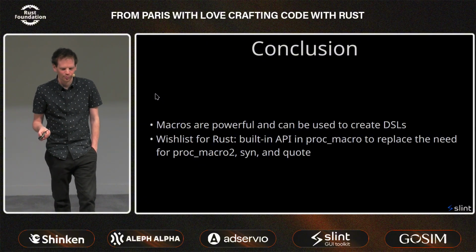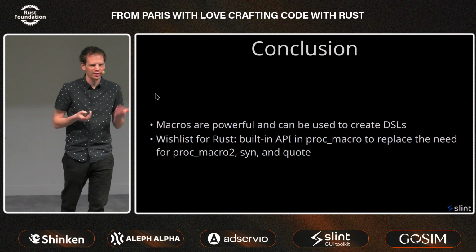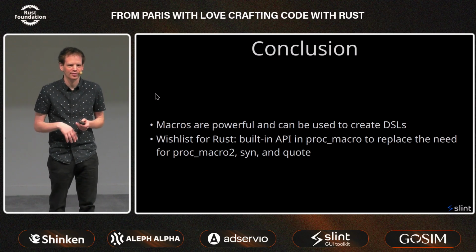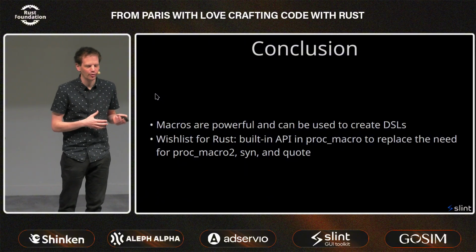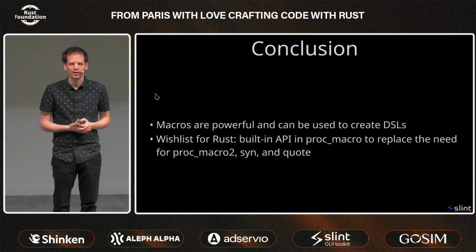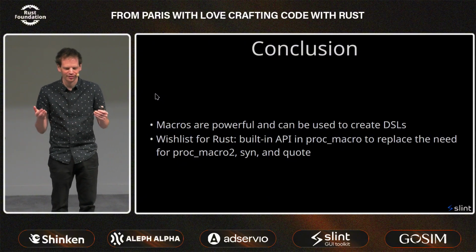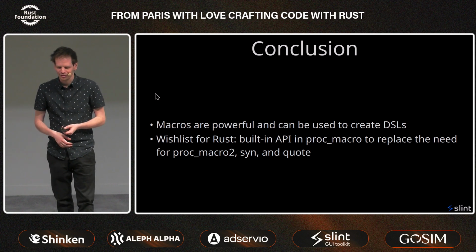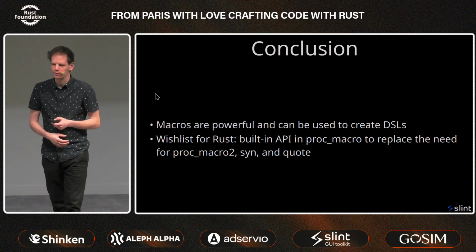It would also be nice if the proc macro API would allow getting rid of syn, at least for some very simple use cases, like when I want a string literal. I don't need syn to parse the whole thing. It would be nice to have proc macro do the basics.